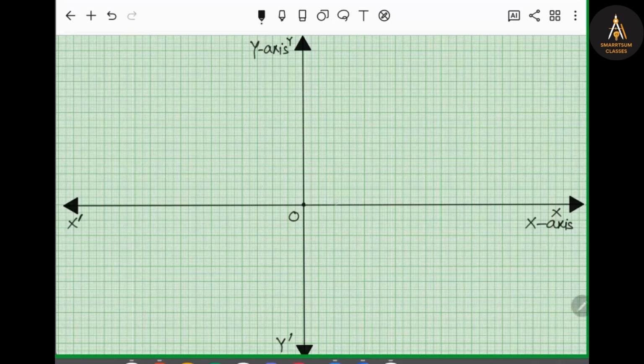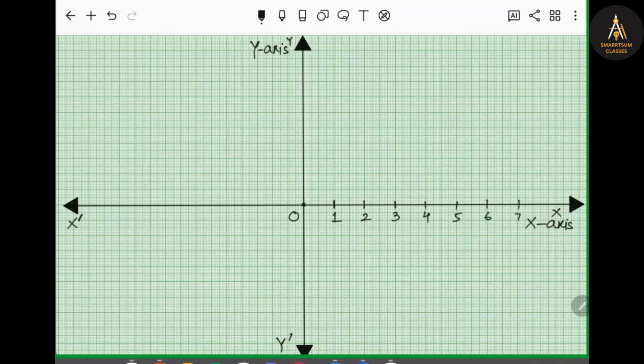Suppose I'm taking this one square box, 1 centimeter, as one unit. Then this would be 1, 2, 3, 4, 5, 6, 7, and 8.